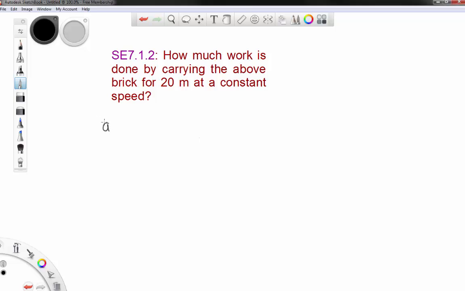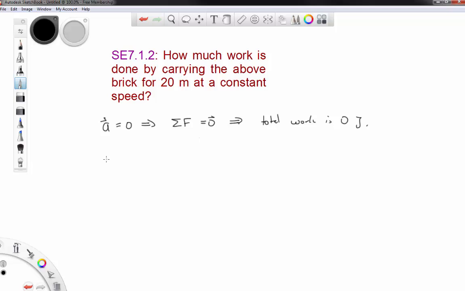So acceleration equals 0, and that means that the net force on the brick must also be 0. So that immediately implies that the total work must also be 0. So total work is 0 joules.